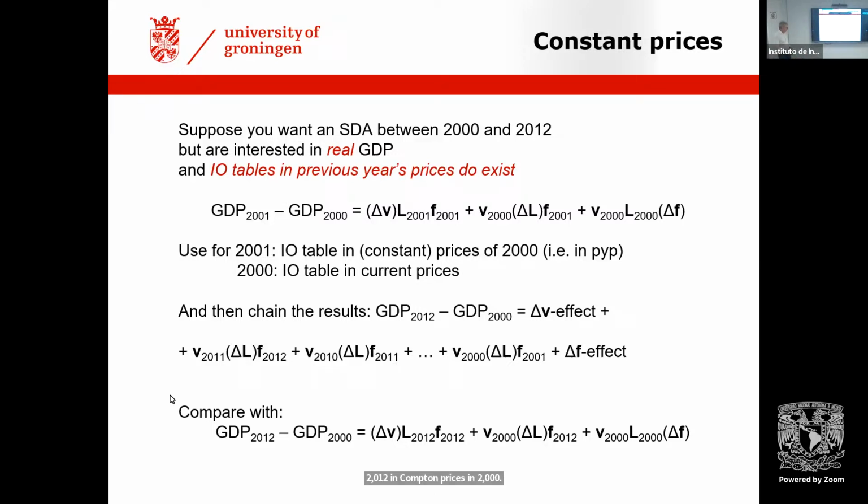Now the advantage of using a table in constant prices is less work. So more time for coffee, mezcal, or whatever, which is very important. But there are some disadvantages, and of course, the disadvantage of one method is very often the advantage of another method.